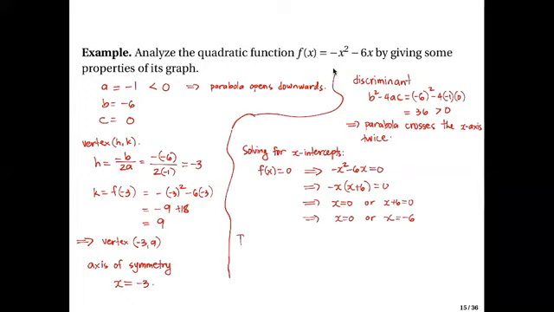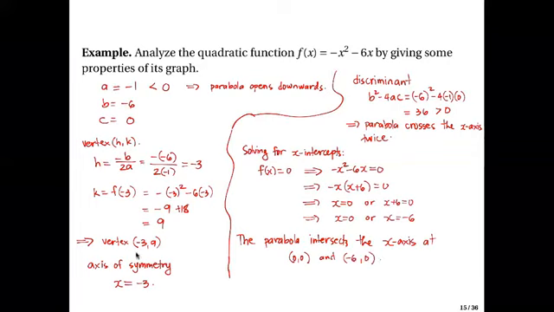So, the parabola intersects the x-axis at the points (0, 0) and at the point (negative 6, 0).